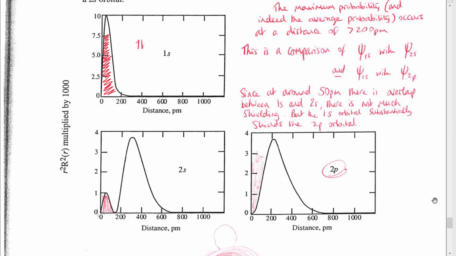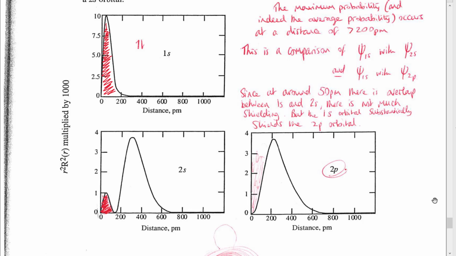This electron is very firmly held at this region of about 54 picometers away from the nucleus, the Bohr radius. And if we look at the 2s orbital, there's some significant probability that that electron in the 2s orbital is also very close to the nucleus. It's not shielded as such from that nucleus in this particular region.